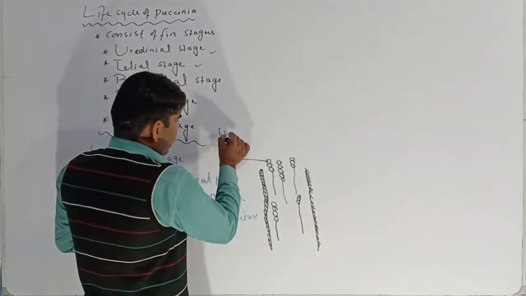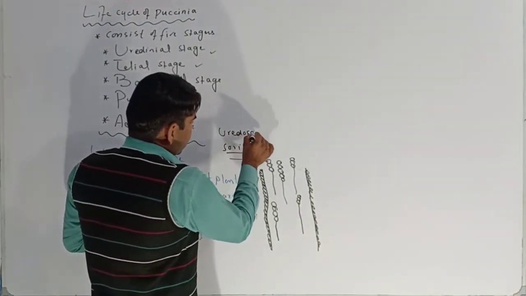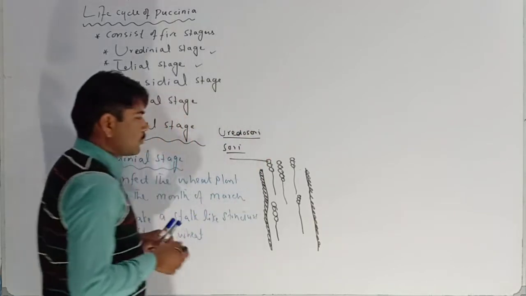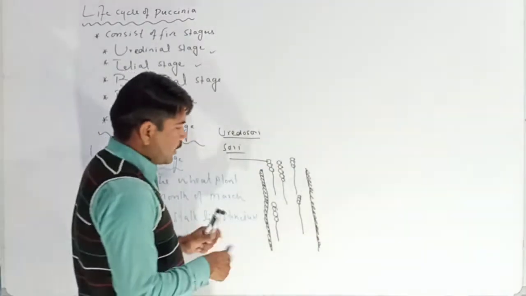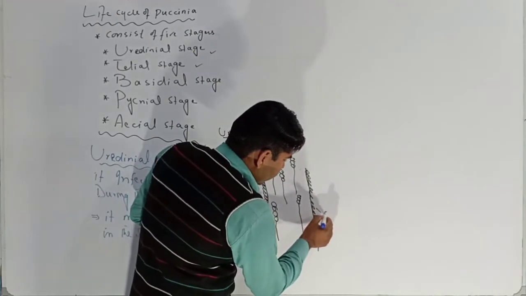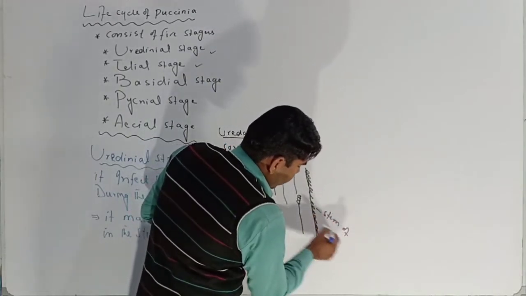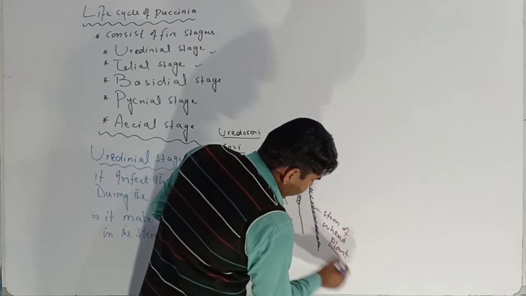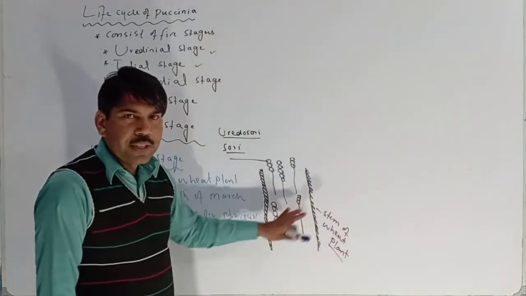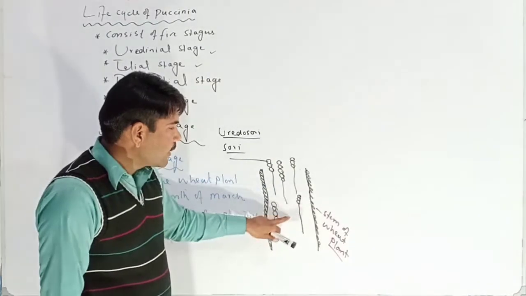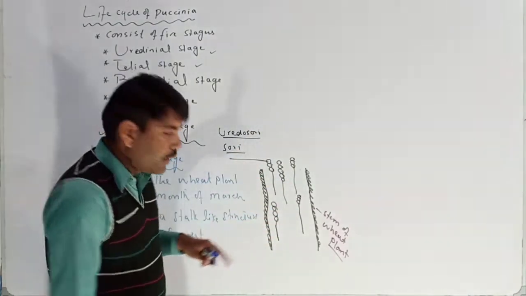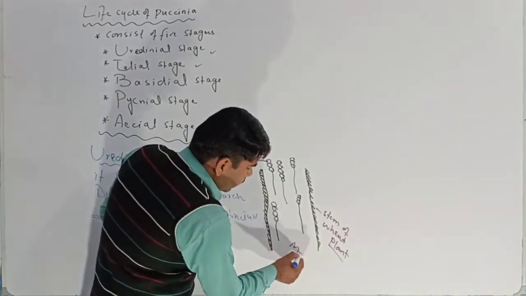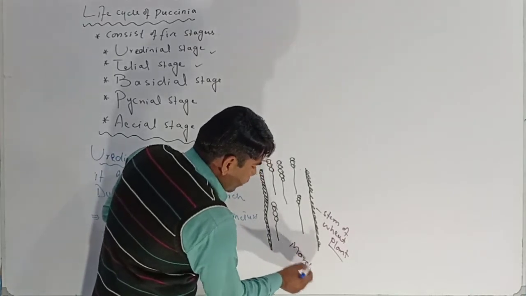And we can mention here, this is the stem of the wheat plant, and this plant is infected by puccinia through these stalks and uridosori during the month of March.